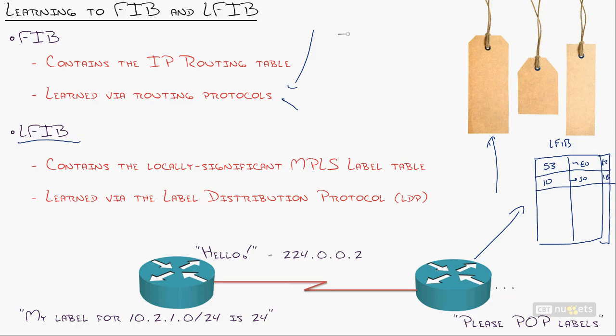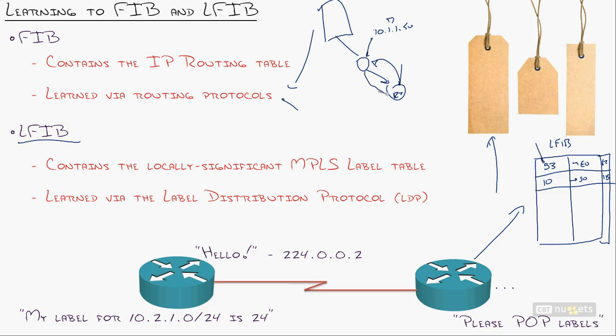That's why this MPLS world is so optimized. Go back to my little diagram I had before: the packet comes into the router, it sticks the label on it, and the label is actually for the next router in the chain. It says, I just received 10.1.1.50 as the destination, and router 2 told me that 10.1.1.anything actually gets a label of 53.